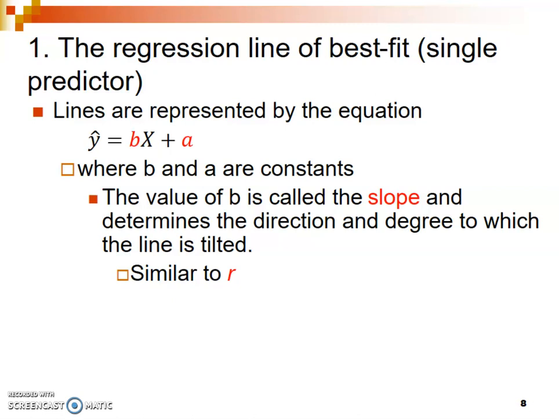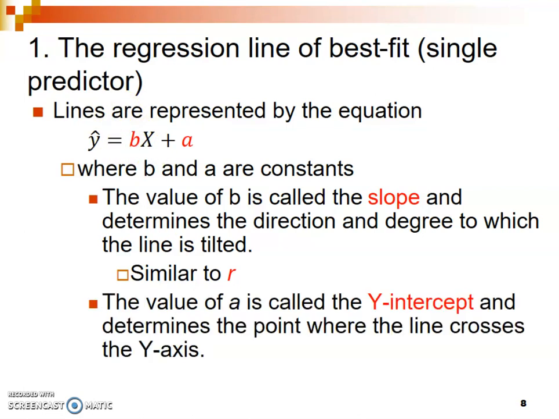So again, the slope, that b in the equation here, is going to say what direction your line is tilted in. I'm going to show you an example in a little bit. But before I do that, the value of a is what's called the y-intercept. So a in this equation is just going to be the y-intercept, where your regression line crosses the y-axis.